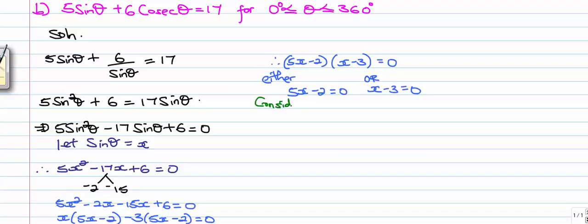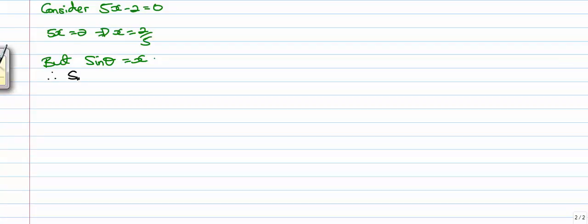When I consider 5x minus 2 is equal to 0, I'll obtain x as being equal to 2 over 5. That's simple algebra. Try to solve it on a piece of paper, you'll see how it comes about. But remember that sine theta is equal to x, so sine theta will be equal to 2 over 5.